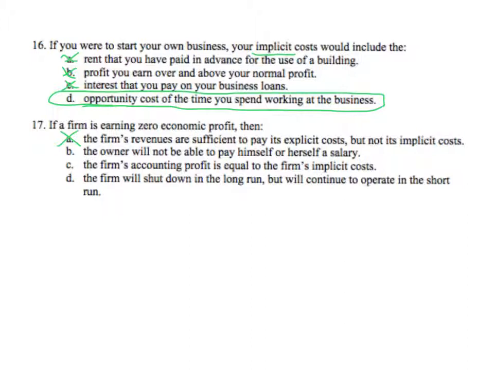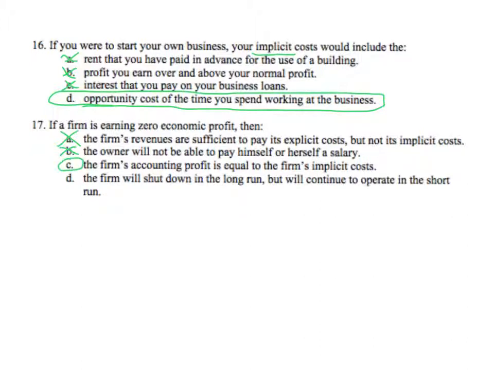The owner will not be able to pay himself or herself a salary. That's not relevant. We would have counted a cost sufficient to pay for the owner's time. The firm's accounting profit is equal to the firm's implicit costs. Now, that's looking possible.